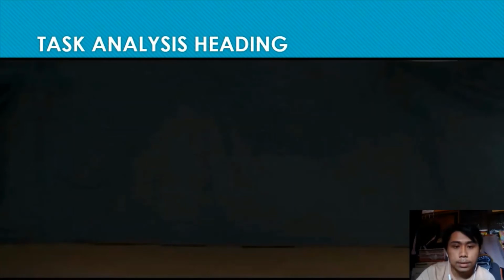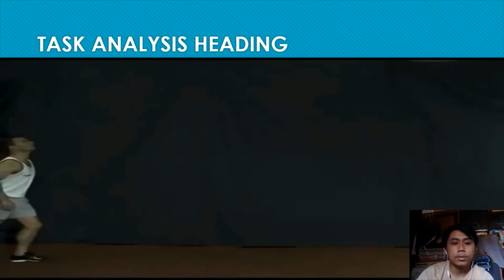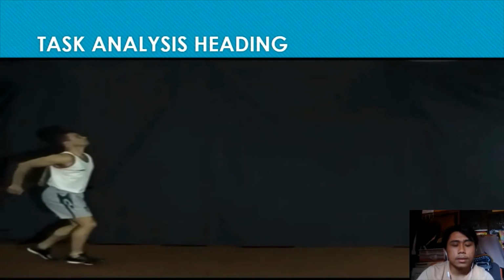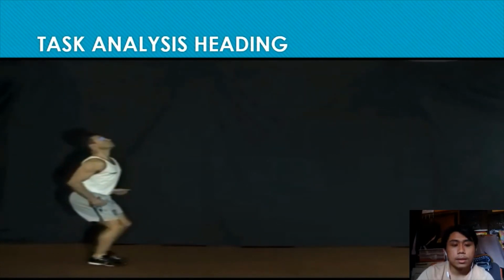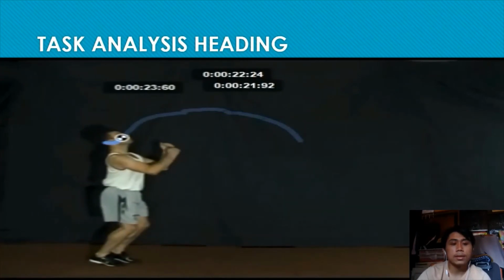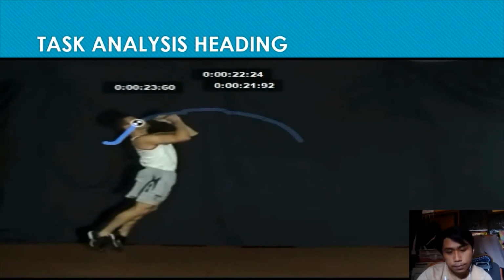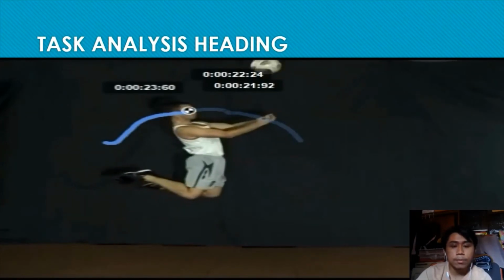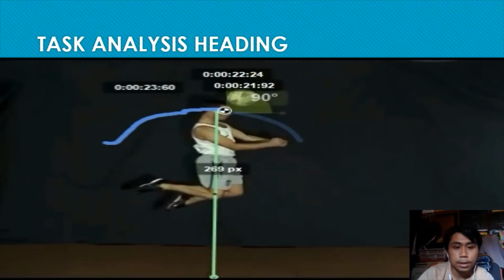Of heading, basically, in this video, there is a video of the subject making a heading. Okay, so basically, the video is in slow motion. As you can see, there is a line that represents the movement of the subject making a heading.